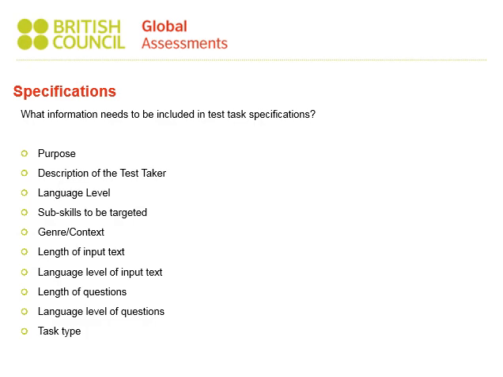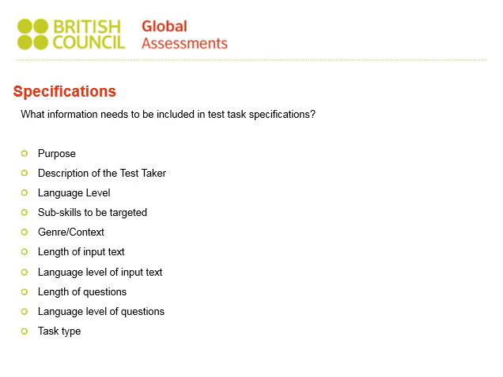So here are just some examples. So for the language level, so the level of lexis you can use, the level of grammar you can use, the genre, the length of the text, how many words the text should be, and not only the text but the questions as well, the language level of the text, the language level of the questions.